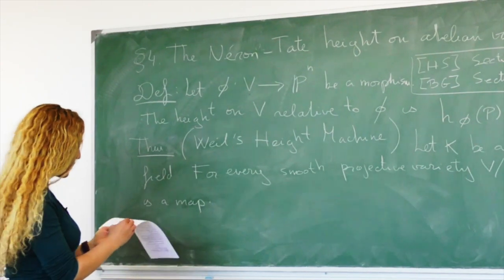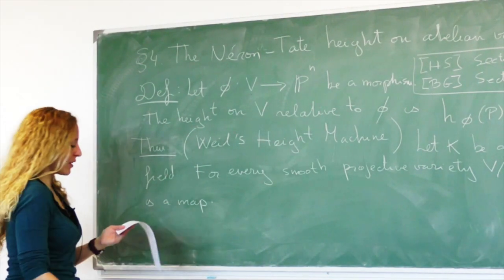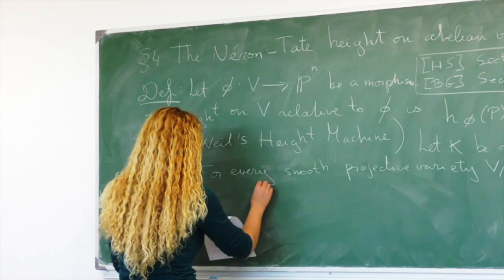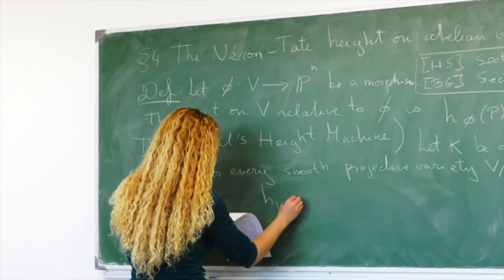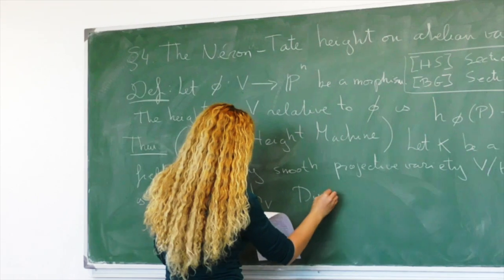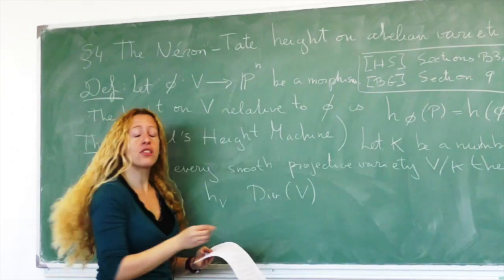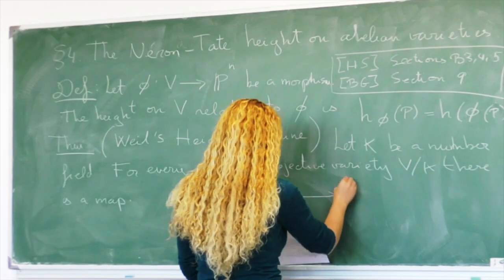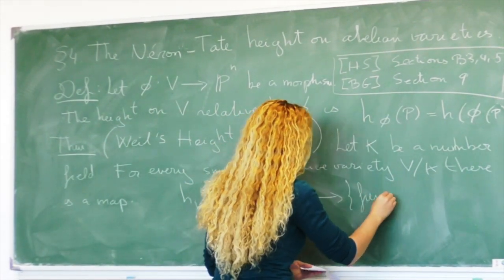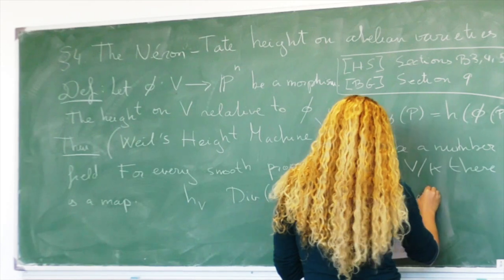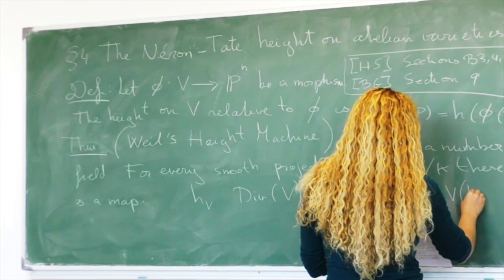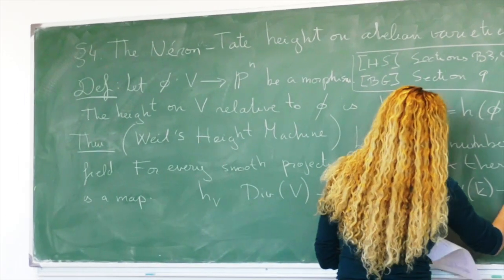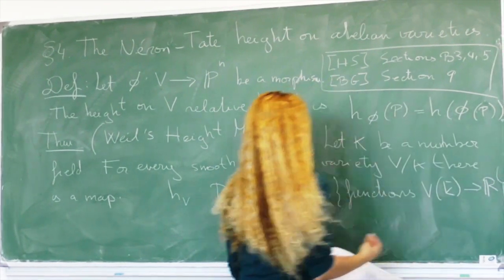Okay, so the map that I'm claiming exists looks like this. It takes divisors on the variety V, and it gives functions from the points of the variety to the reals.